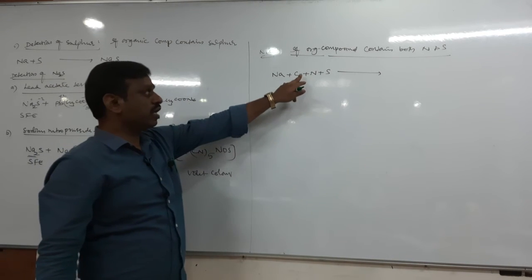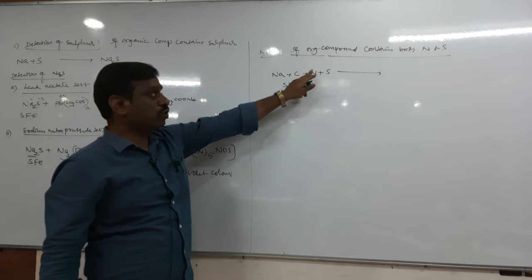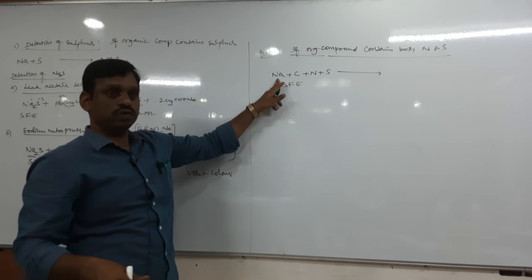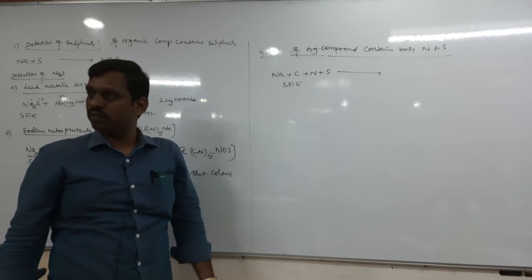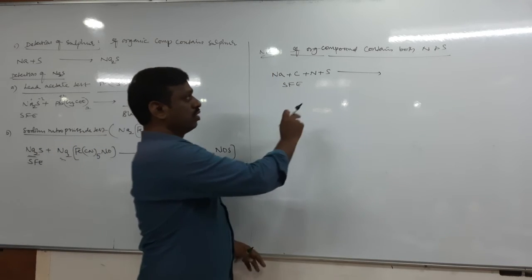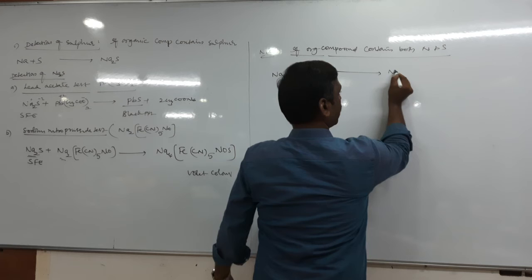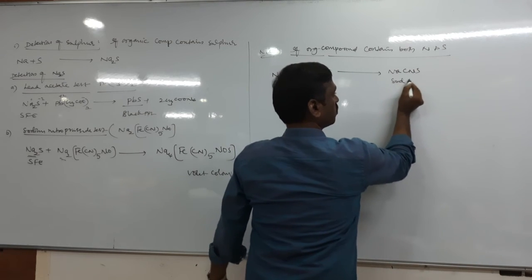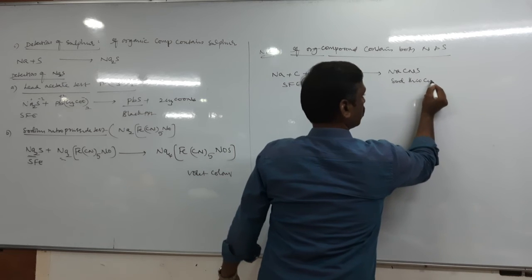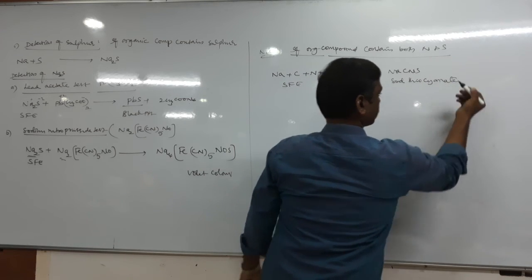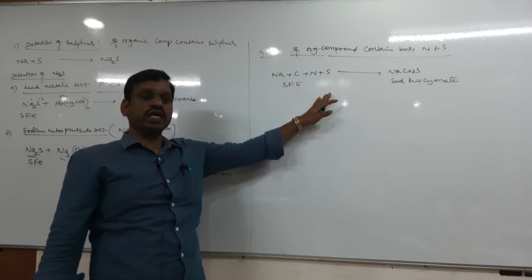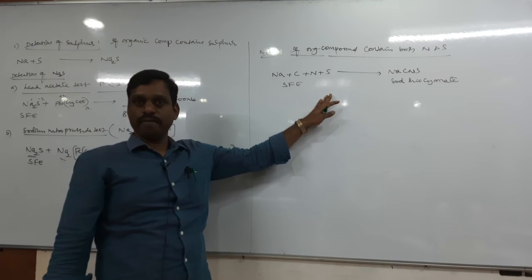Okay, organic compound containing carbon, nitrogen, sulfur, if they are present and we are adding sodium, what is the possibility of the compound? Sodium thiocyanate, right? So here sodium thiocyanate is the product present in where?